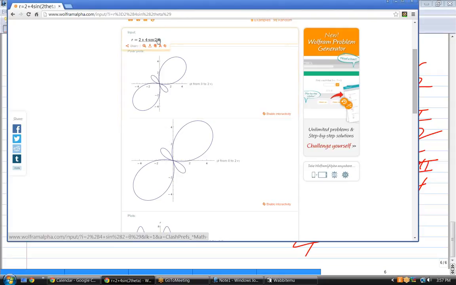When theta is 0, r is 2. So this curve starts right there. Then it starts counting, and it gets to here. In other words, that looks like 2 units, but it's got to be minus 2 units.